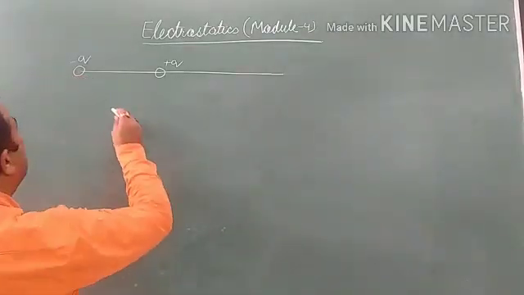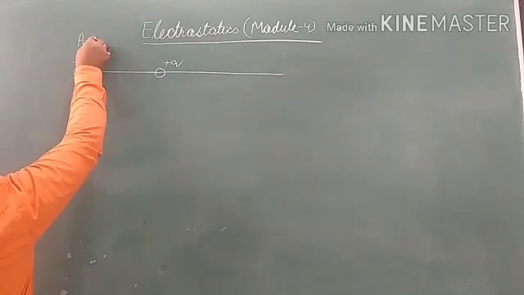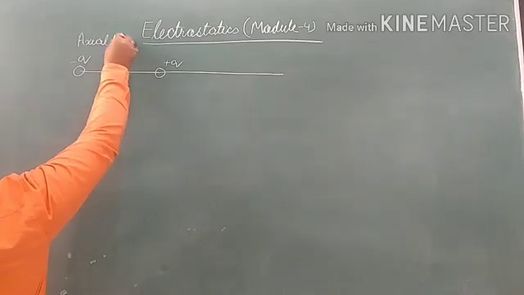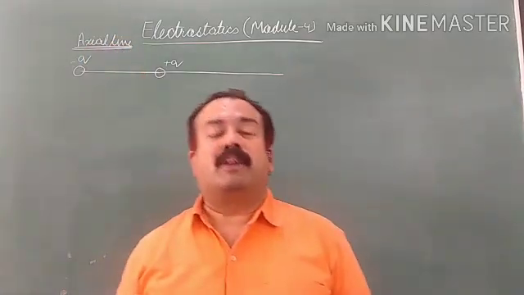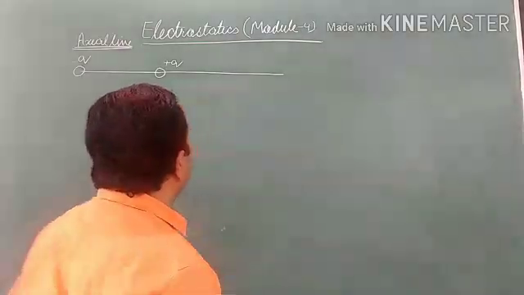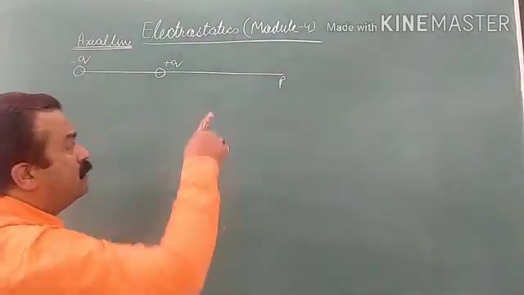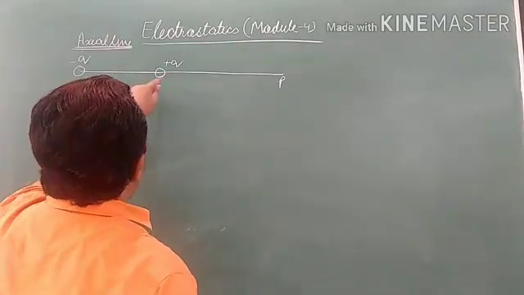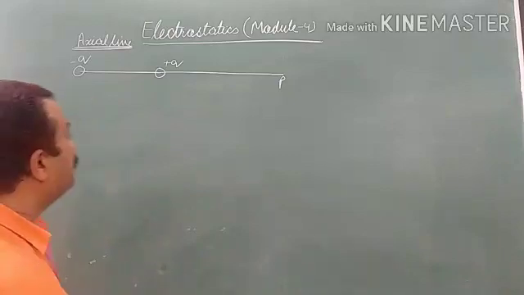So this is the topic of the axial line. I am telling you again what the topic is: electric field intensity at any point P due to an electric dipole on its axial line.